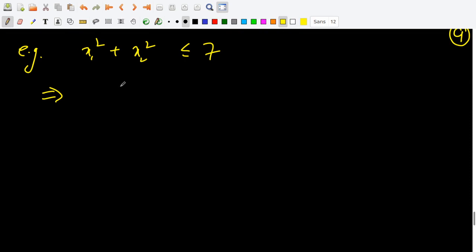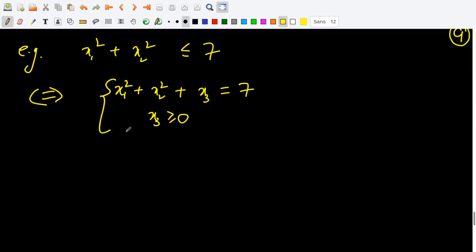So I can say that x1 square plus x2 square plus x3 equal to 7, and x3 greater than equal to 0. I need both constraints to be equivalent to my earlier constraint, and you can see that any point which is feasible for this has a corresponding feasible point here.